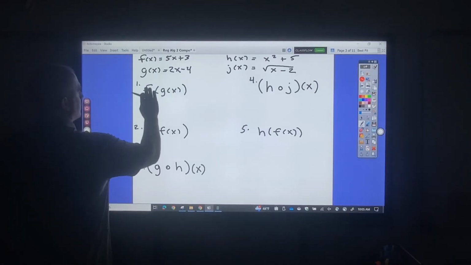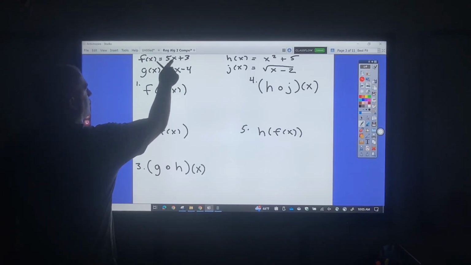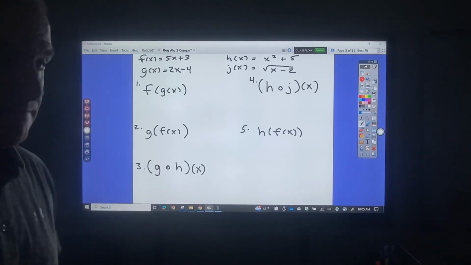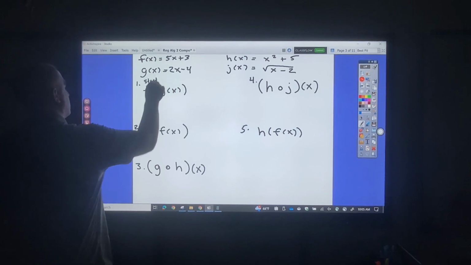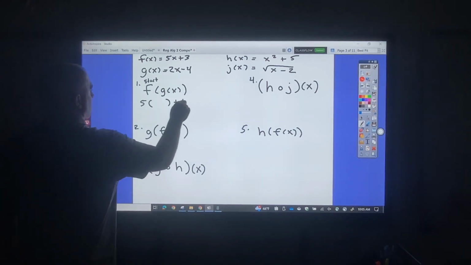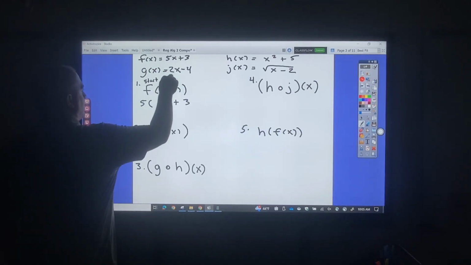When this was f of a number, what did we do? We took that function, and every spot where there was an x, I put a parenthesis there, okay? So that's not going to change. I'm going to start here. So 5 parentheses plus 3. Now, this is the fill-in function.